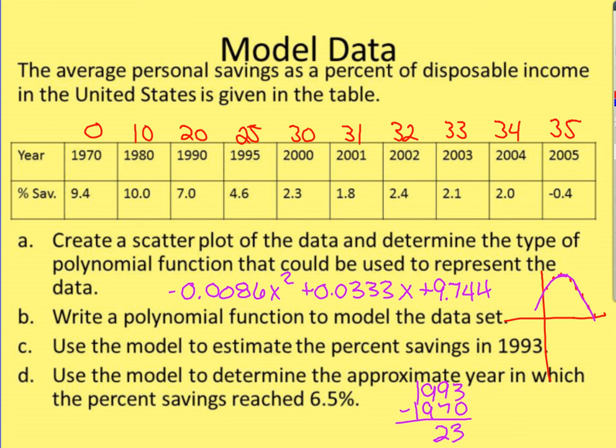The calculator put all of that information into your Y equals for you. So you can still hit your Vars, Y-Vars, select your Y1, put in your X value equal to 23 and hit enter, and it will give you that percent. So that is going to give us a percent in 1993 of 5.94% of their money going into savings.